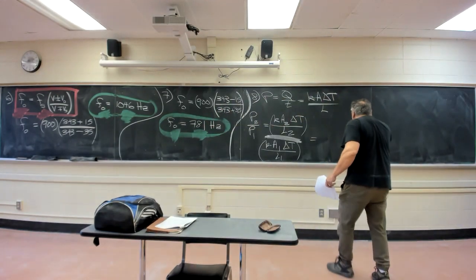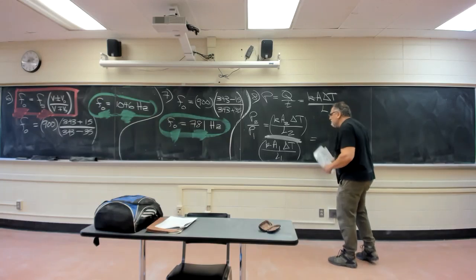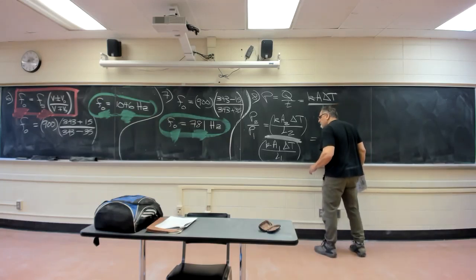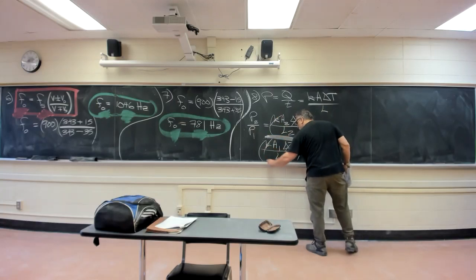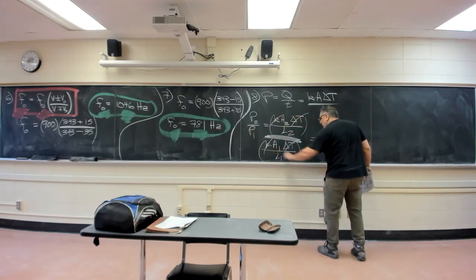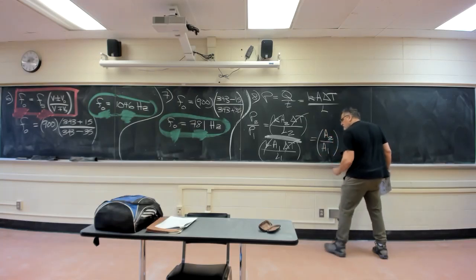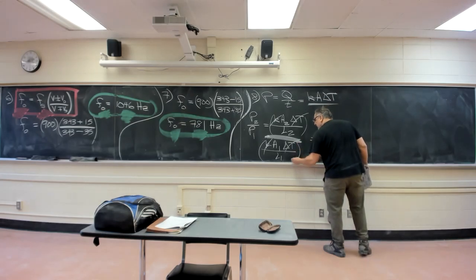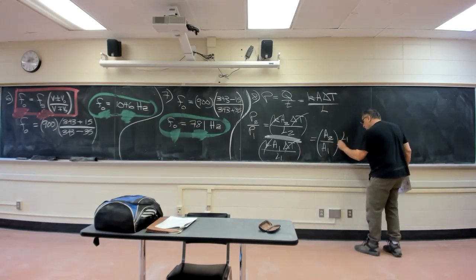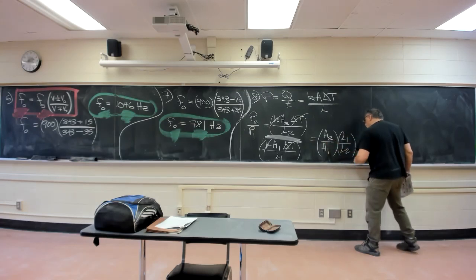The difference in temperatures between the two is delta T, so it's the same. If this is the case, the delta T's are going to go, the K's are going to go. This flips over, and you end up getting L1. Direct relationship, inverse relationship. That's why the subscripts are altered.